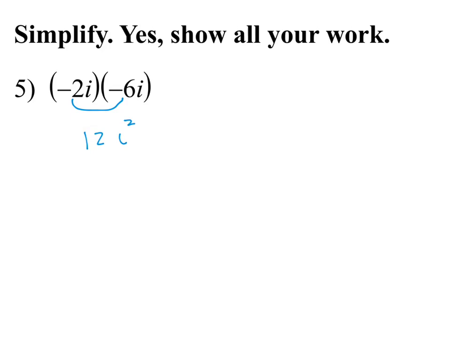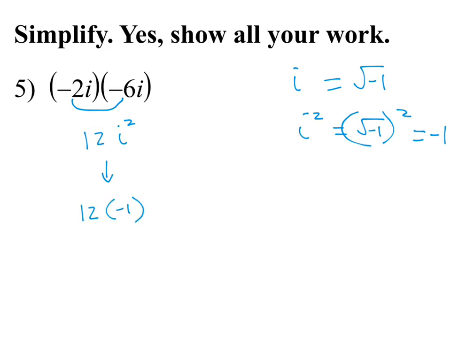But something very important to remember is that i is the square root of negative 1, which means i squared is the square root of negative 1 squared, which means it's negative 1. And so this is going to turn into 12 times negative 1, which makes it negative 12. And there you go.